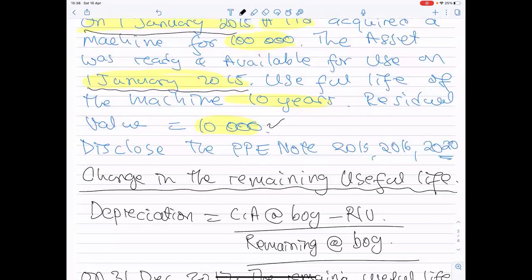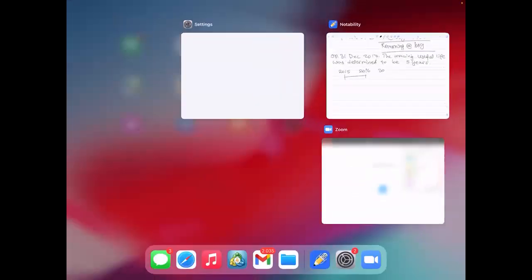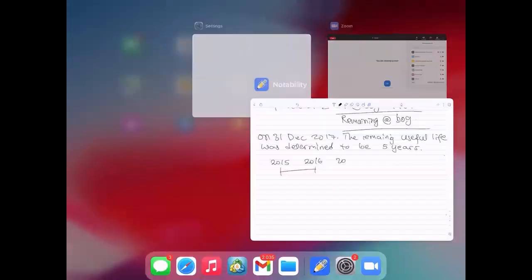Accumulated depreciation. The asset was bought in the year 2015, 2016. So the asset has been there for how many years?